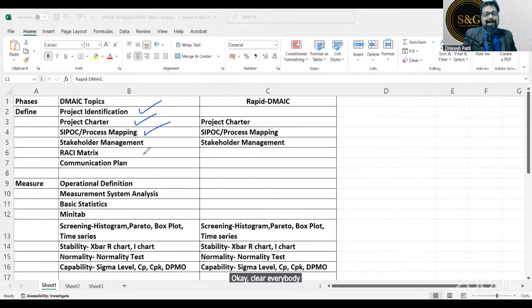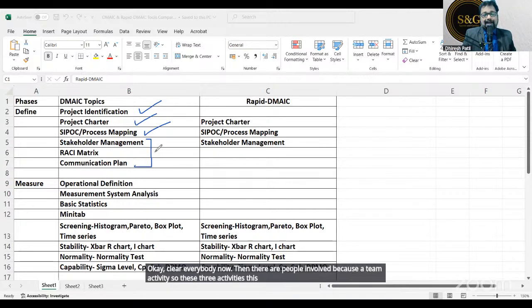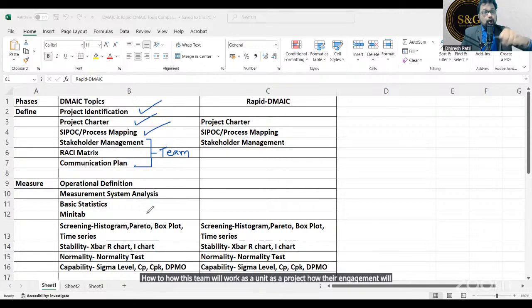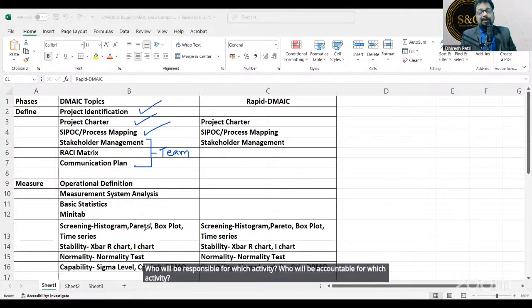Now, there are people involved because it's a team activity. So these 3 activities, the stakeholder, RACI, metric, and communication, are all about the team. How this team will work as a unit, as a project, how their engagement will remain intact, who will be responsible for which activity, who will be accountable for which activity, what will be the communication in between.